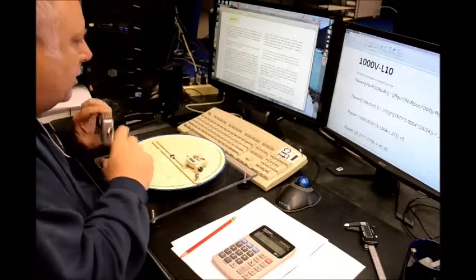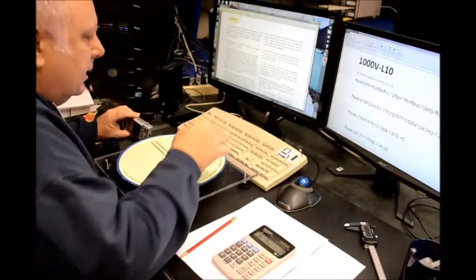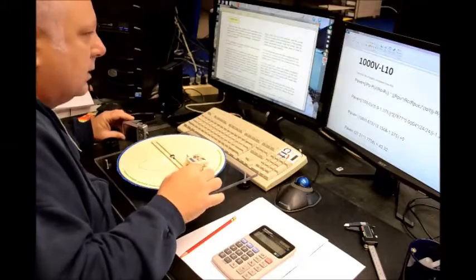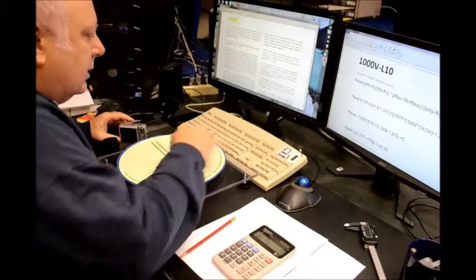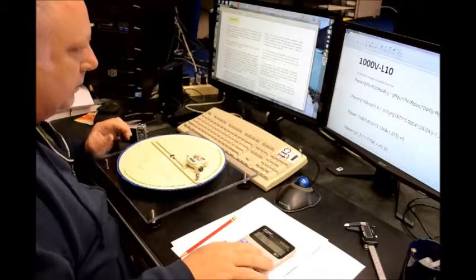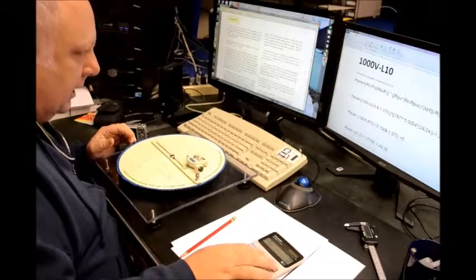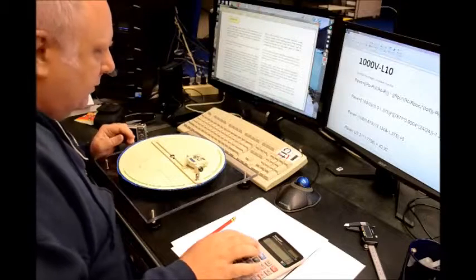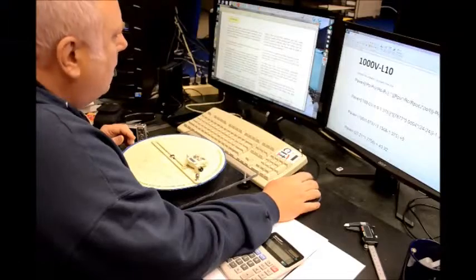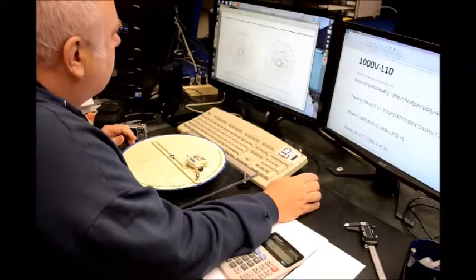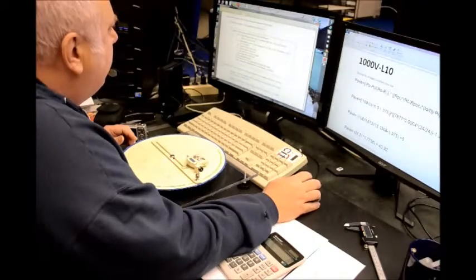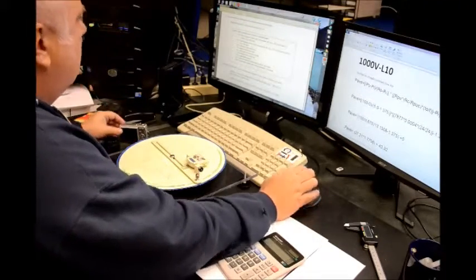The type of scale we're using has a curved line, and there's a scale for a straight line type of chart. To do the straight line type of chart, we plug in our value. And we can go down here to look at what all these things mean. Here's our formula.